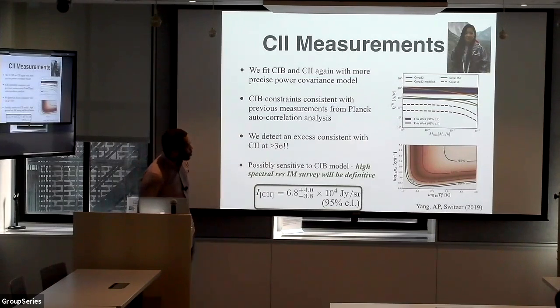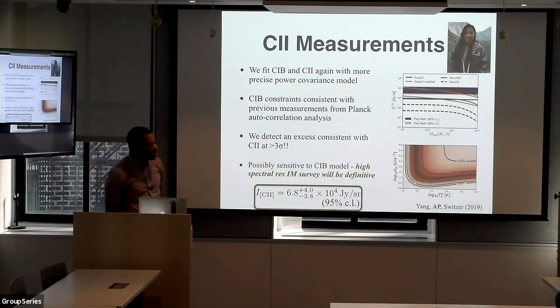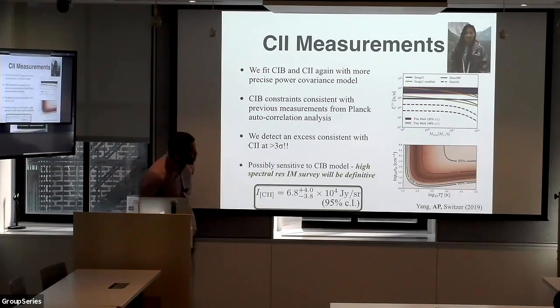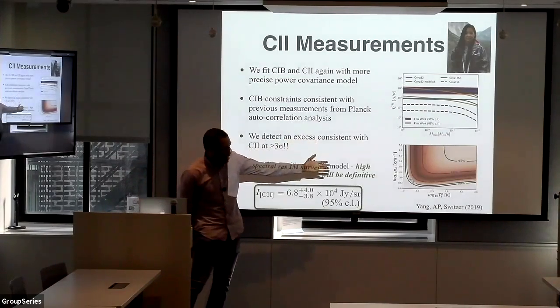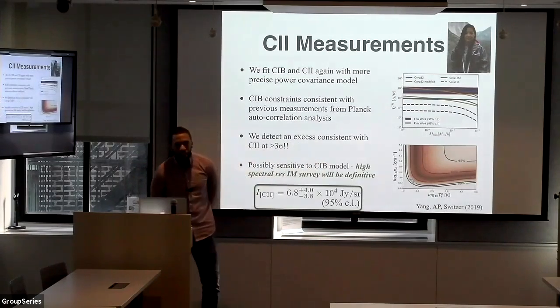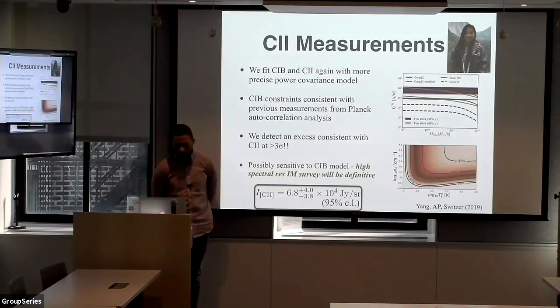Using what she developed, we got a greater than 3 sigma detection of an excess, for which we made some constraints on the intensity and on properties of the ISM, specifically electron density and electron temperature, if you assume that full excess was C2 emission.